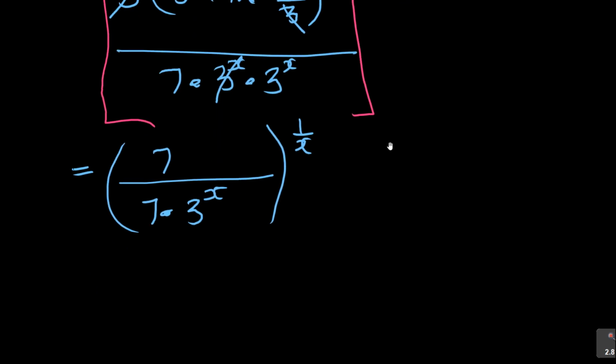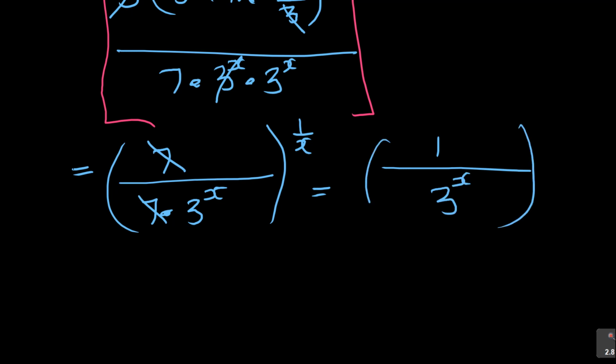I see that. And then it continues to cancel, whereby the 7 further cancels, and then it is equal to 1 over 3 to the power of x. Now everything to the power 1 over x.